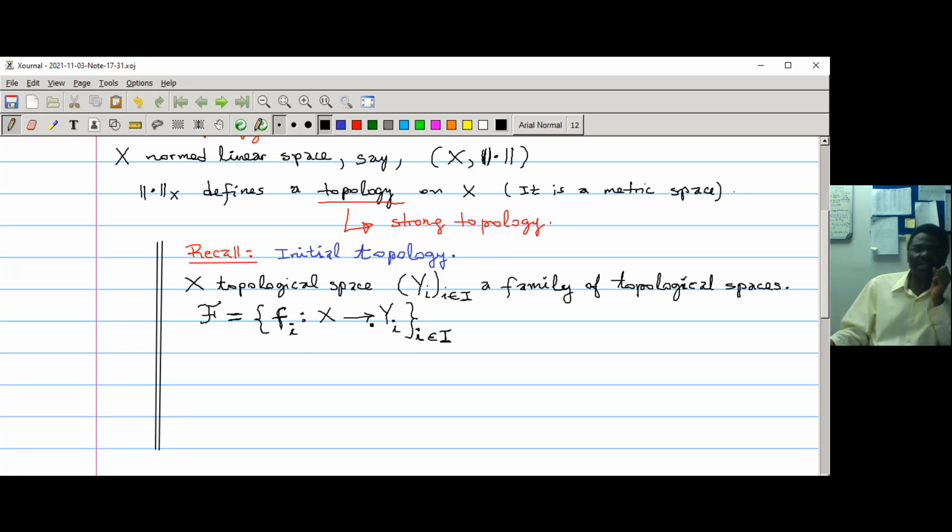Right. Now, how did we define the initial topology?